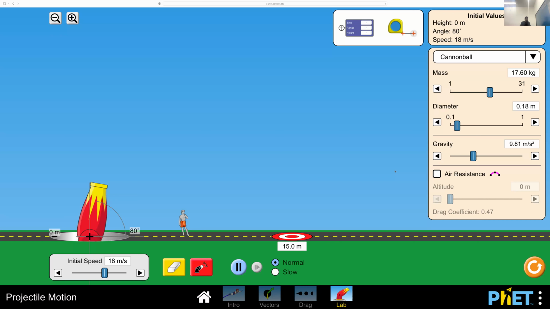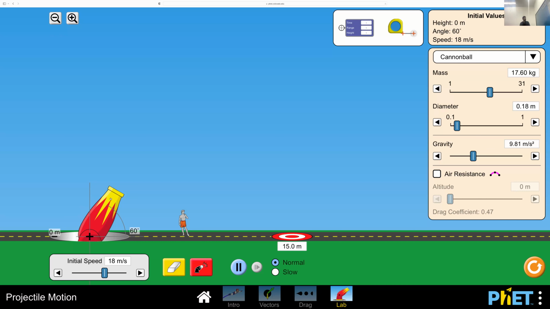So if I take this angle, let's say it is 80 degrees. No. I'm fixing the initial velocity. Let's say I'm projecting it at somewhere around 60. Okay. Let me check all the parameters. The mass of the ball is there, diameter, gravity is there. I'm not considering any air resistance.